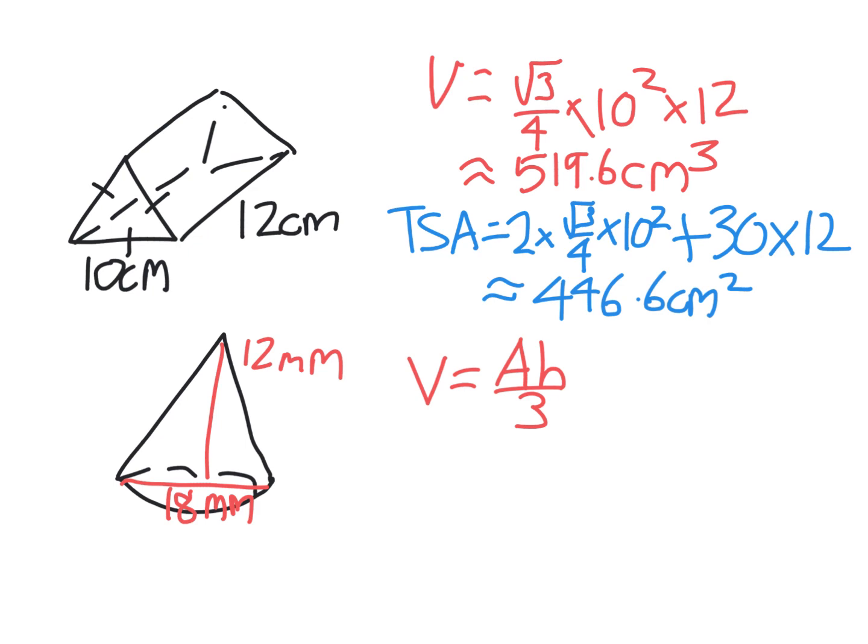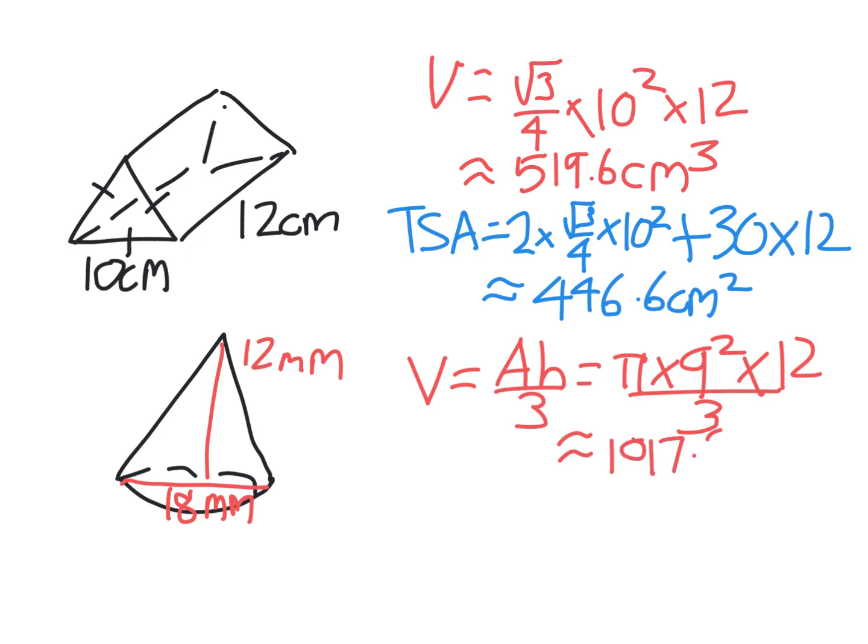So in this particular case, the area of the base, the area of the circle at the bottom, is pi times radius squared. Radius is half the diameter, times the perpendicular height, but you need to divide by 3 for a tapered solid. So this time I'll give it to 2 decimal places. It's about 1,017.88 millimetres cubed.